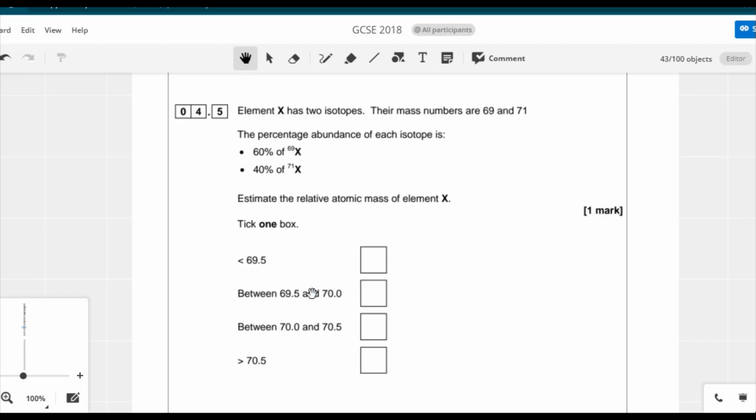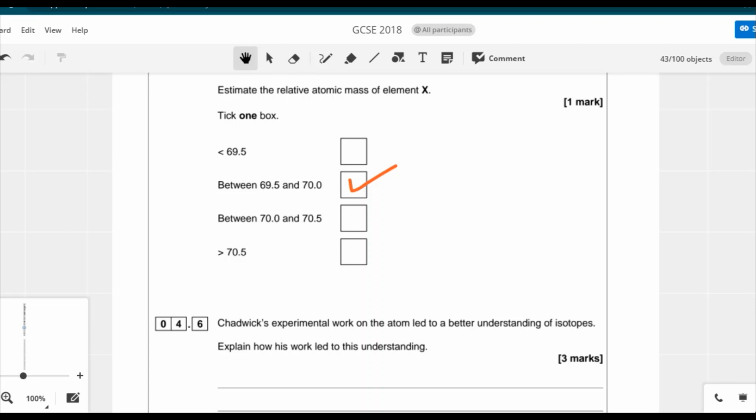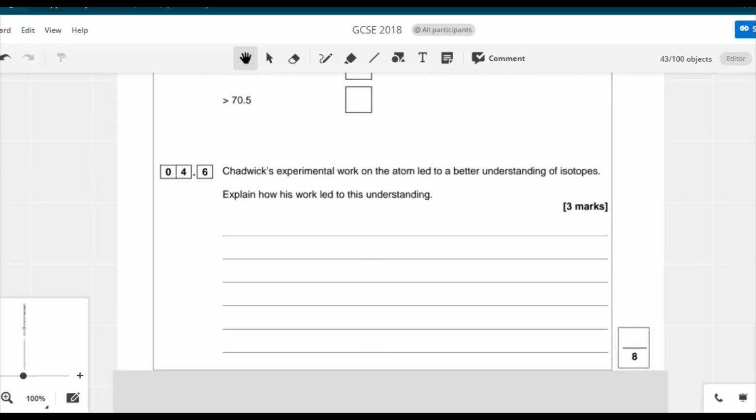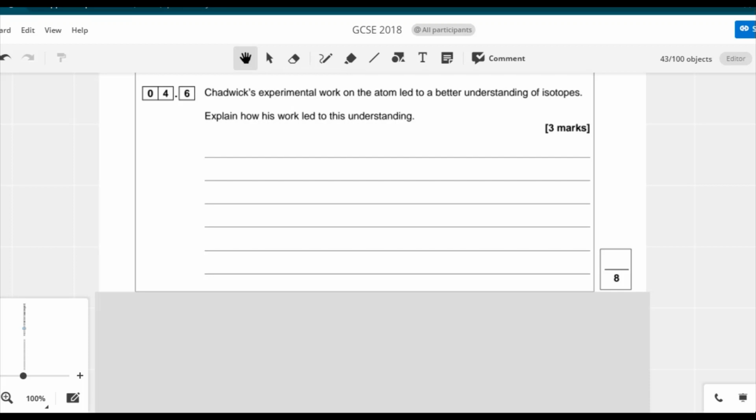The value will be between 69.5 and 70, because when we calculate it, we will see that it is between 69.5 and 70. Since 60% is 69 and 40% is 71, option C is more favorable when we estimate that.